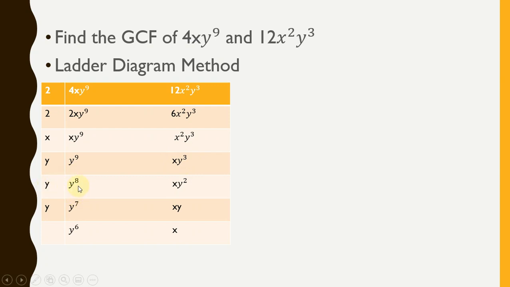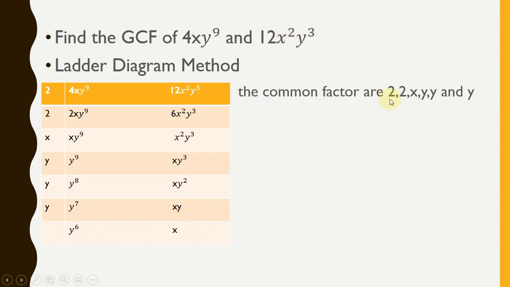Divided by y, y to the 8th and xy squared. Divided by y again, we have y to the 7th and xy. Divided by y, we have y to the 6th and x.